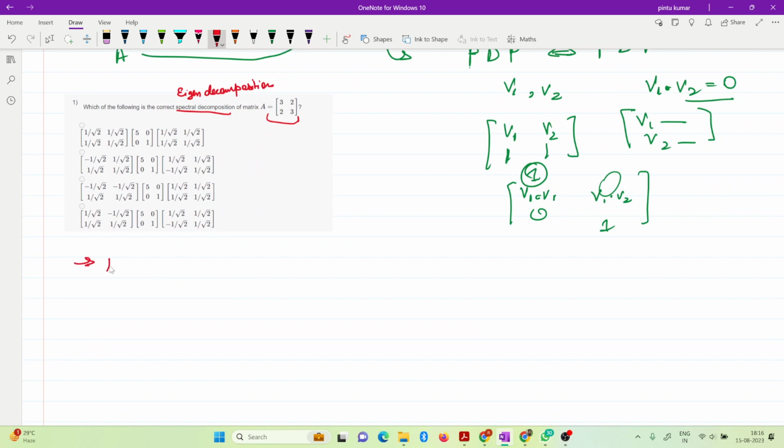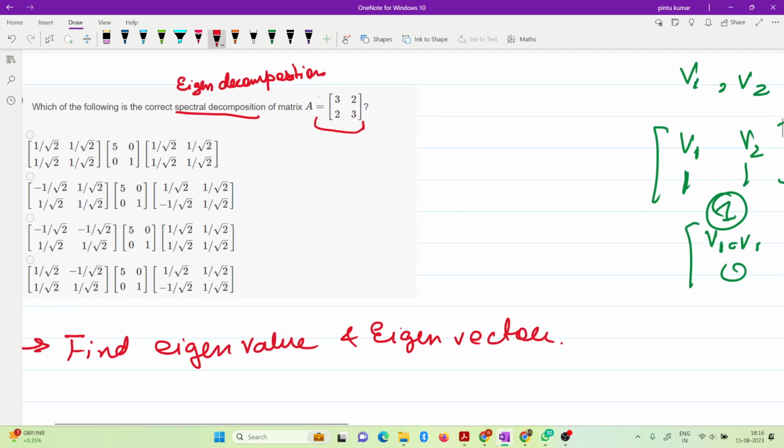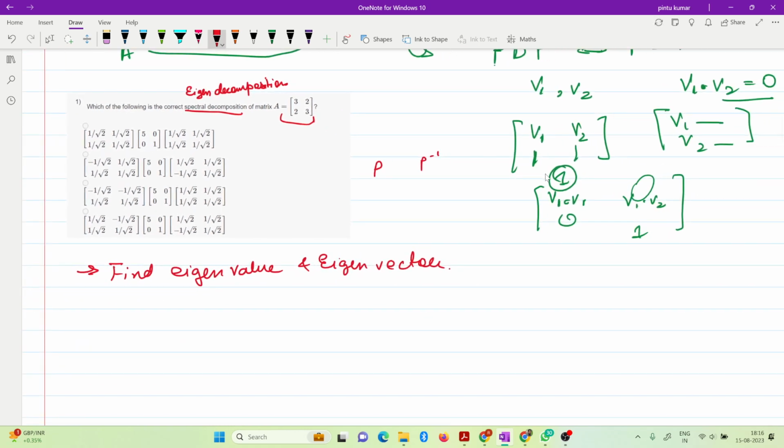First of all, we need to find its eigenvalues and eigenvectors. And then we just need to write this in this form. You can observe over here also that the matrix given to us is actually a symmetric matrix. So we just need to worry about finding P, and then P inverse will automatically be calculated by just taking the transpose.